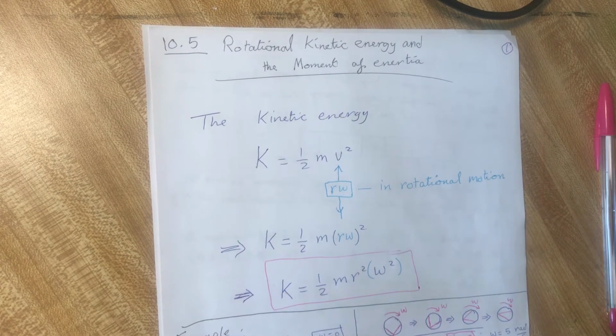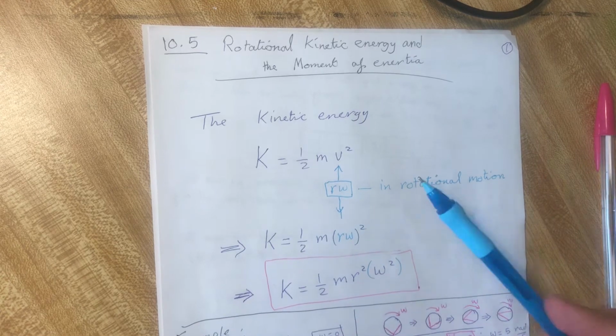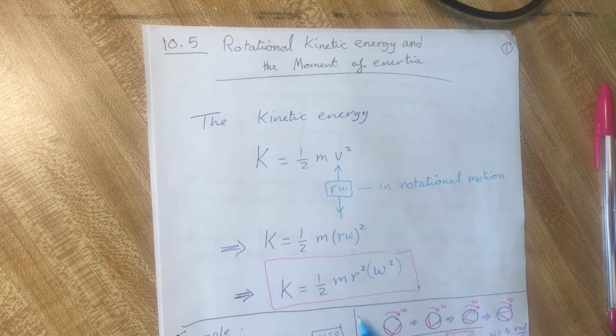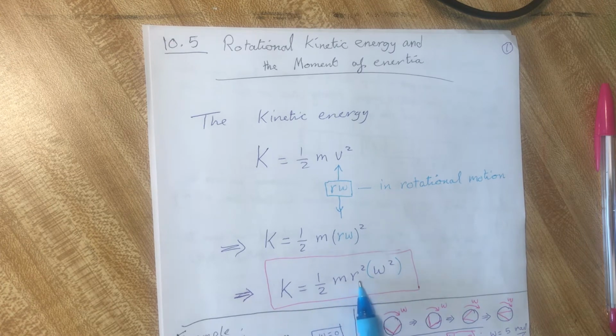M is the mass, it's the same. So when we put R omega in place of V, it will be R squared omega squared. So we can combine them as this: K is equal to half M R squared multiplied by omega squared.